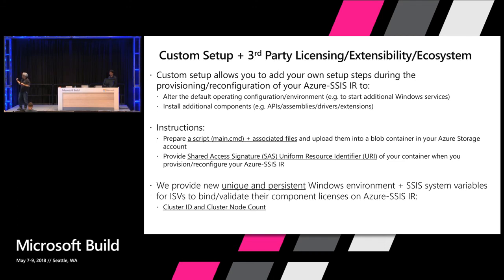We provide a new, unique and persistent Windows environment and SSIS system variable for them to do that. Basically, we have two variables, called cluster ID and cluster node count. The cluster ID itself is very invariant. So whatever you do with the IR, scale up, scale out, change the VNet or whatever, the cluster ID stays the same. So that can be used by ISVs to bind their license, okay?